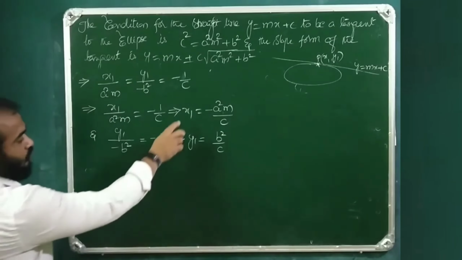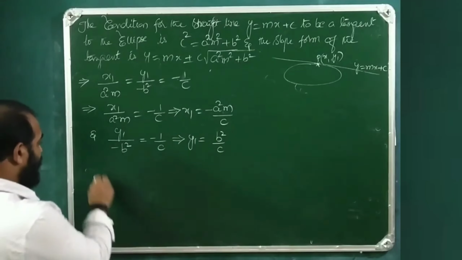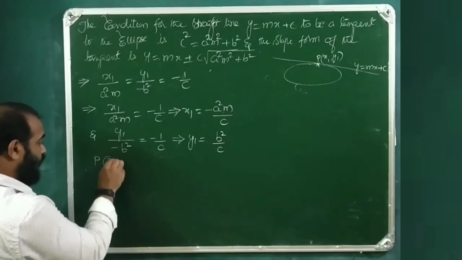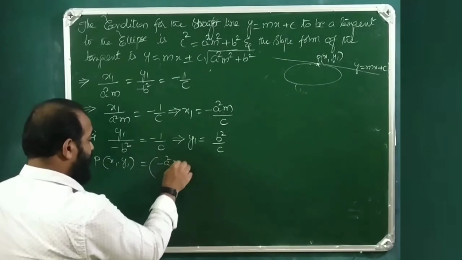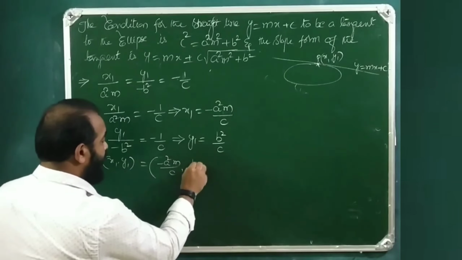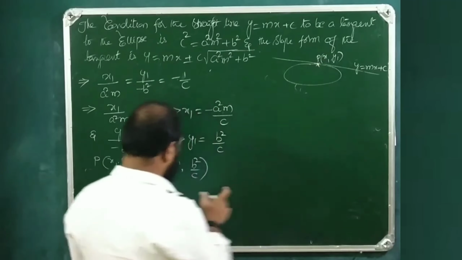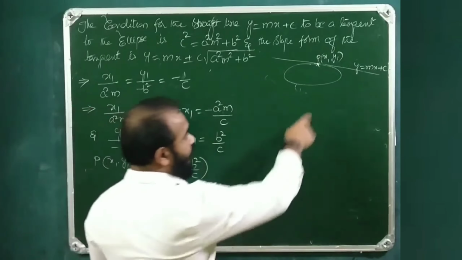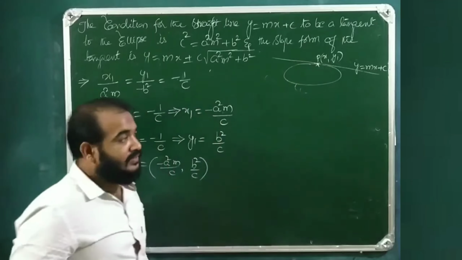Therefore the point P(x1, y1) is minus a square m by c comma b square by c. This is the point of contact of both the straight line and the ellipse.